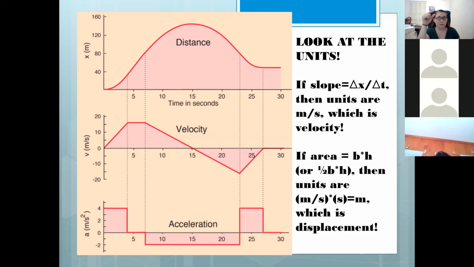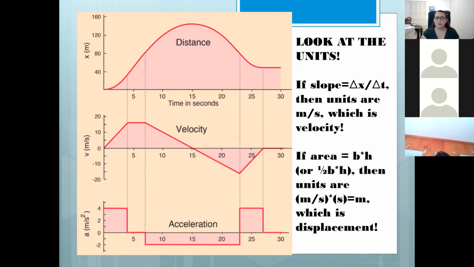That's just an area formula that you'll need to know. Rectangle next to it, the area of a rectangle is base times height. Looking at those units, the base units is seconds times the height units, which is meters per second. So seconds times meters per second gives us meters. So that area, that pink shaded area in the velocity time curve gives us the displacement.